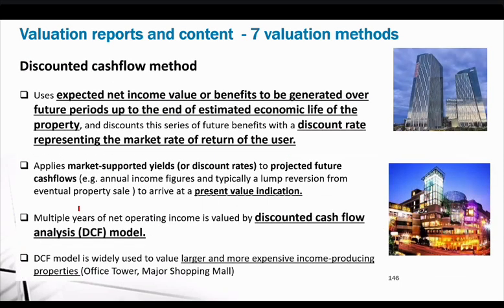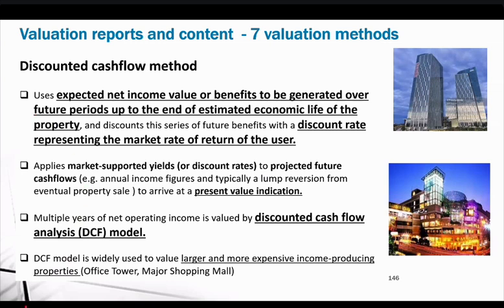Discounted cash flow method. This is used for large and expensive income producing properties, for example, office towers and shopping malls. They will generate income from parking and from rental, and they will have income for X number of years.